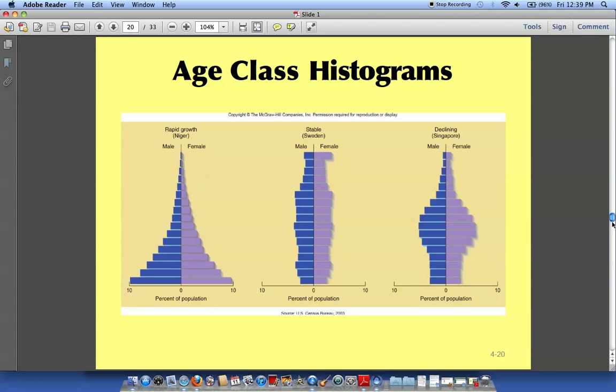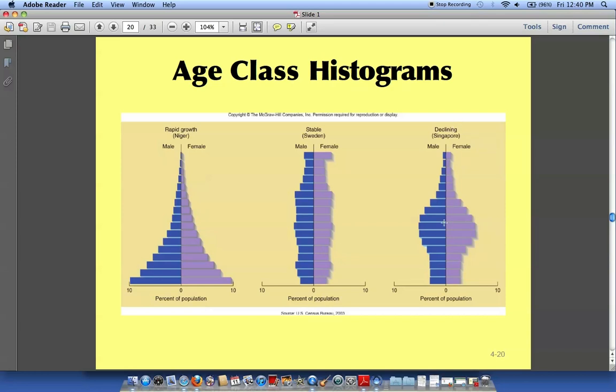Here are some histograms of population and whether the population is growing or declining or remaining stable. A way to look at these is that if the reproductive area, which is the middle of these here, is larger than this area down here, then the population growth is in a decline.